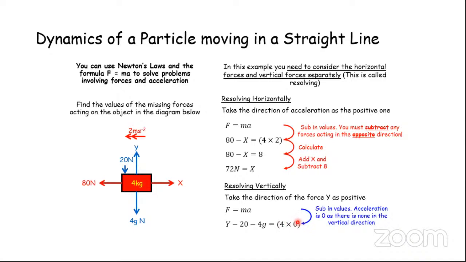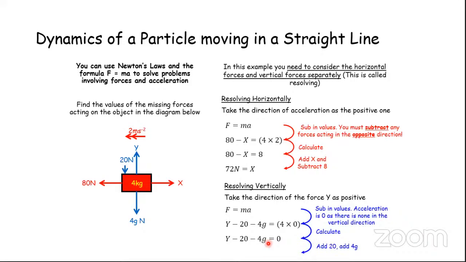4 times 0. The 0 is because along this vertical axis we don't have acceleration. Acceleration is only along the horizontal axis. So that is why the mass 4 is multiplied by 0. 4 times 0 gives us 0, and then we have y minus 20 minus 4g.